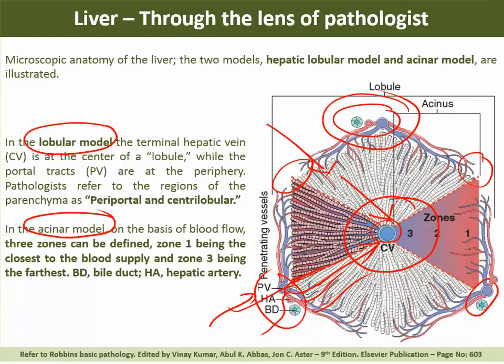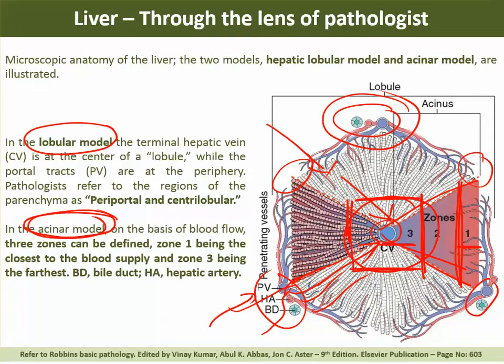Now if you see the acinar model, we divide each triangular structure of the lobule into three zones. Zone 1, zone 2, zone 3. Zone 1 is the area which receives very good oxygen. Zone 3 is the area which receives less oxygen. Zone 3 is nothing but the centrilobular area.